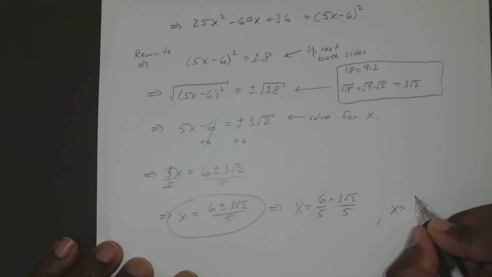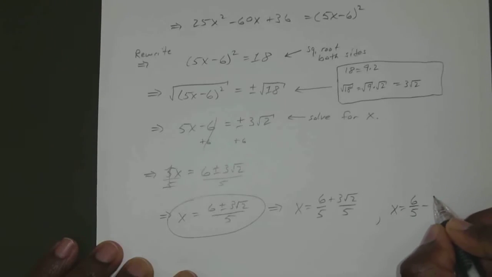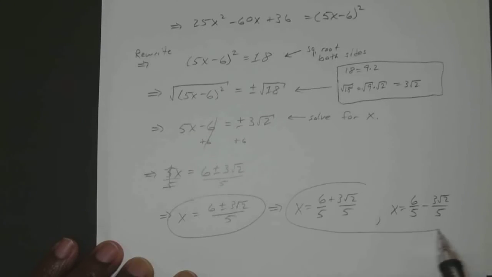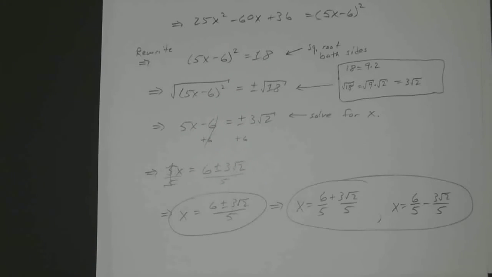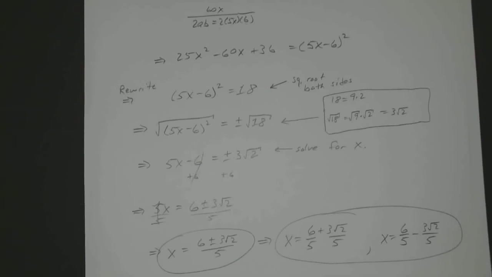Or x equals 6 over 5 minus 3 square root of 2 over 5. All right, so any questions on that one? I'll leave that up for a few seconds.